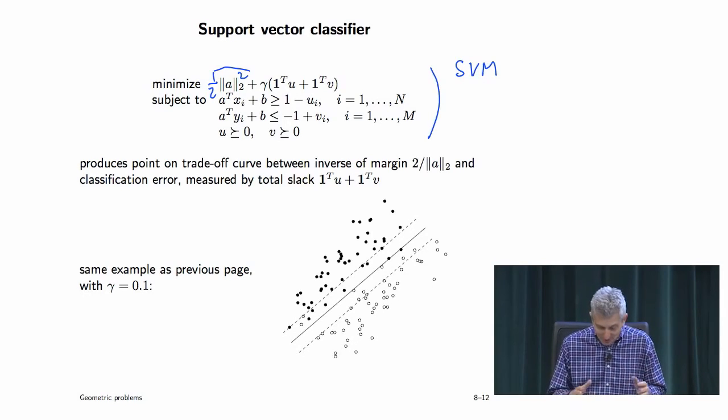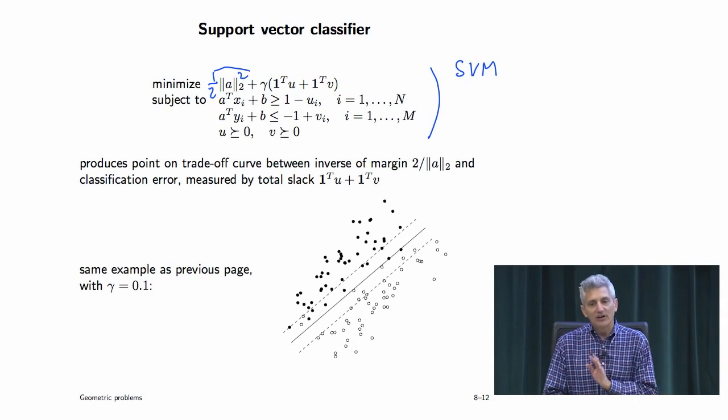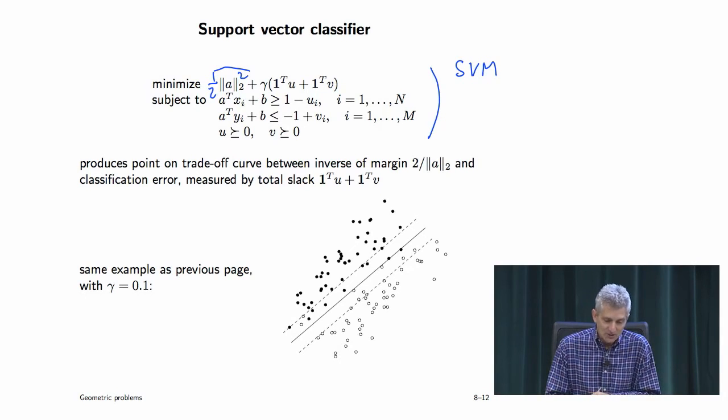I'm not going to go into them, but there are. So the geometric interpretation is quite beautiful. Lambda, or gamma here, sorry, trades off the width of the slab, and this is going to be very rough, the number of inequality violations. And you can imagine what turning that parameter will do here.